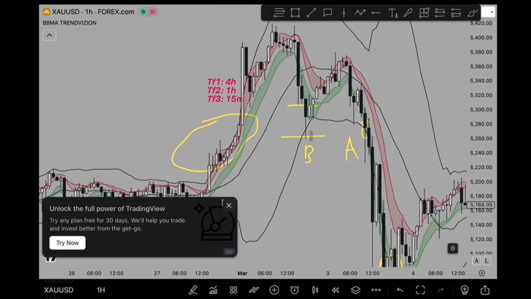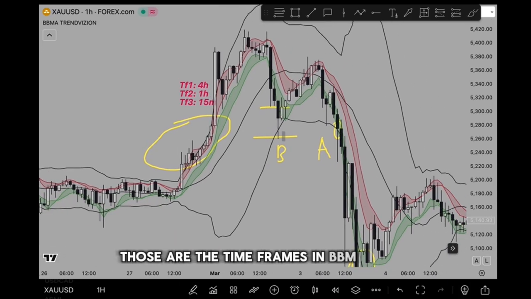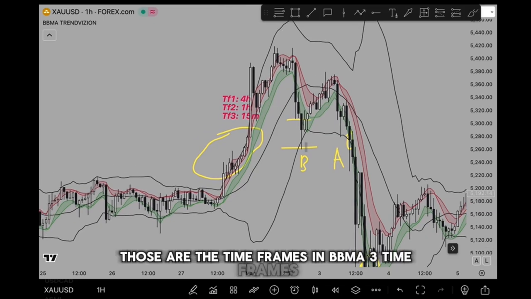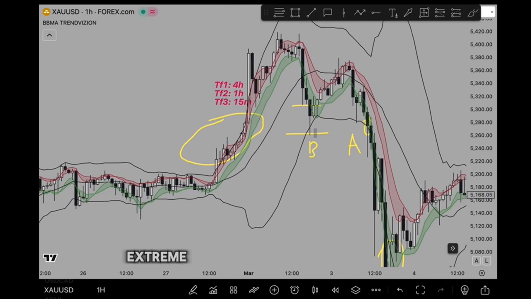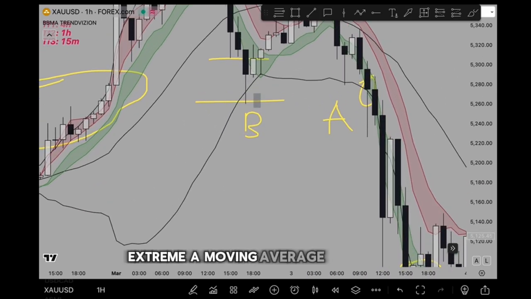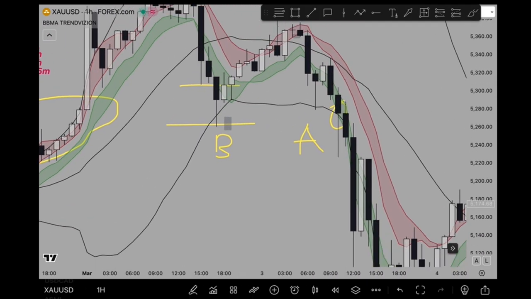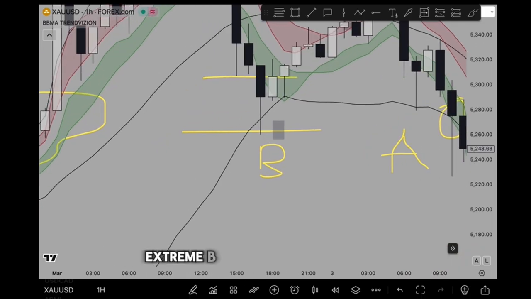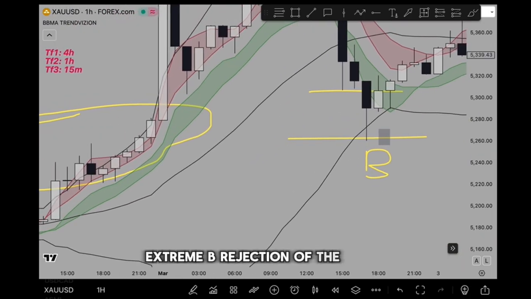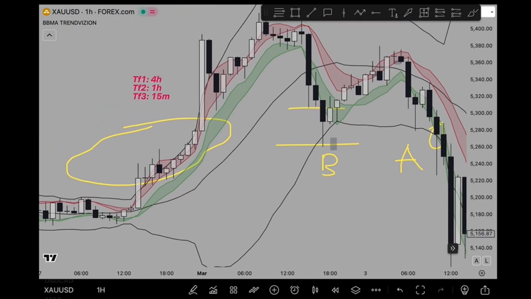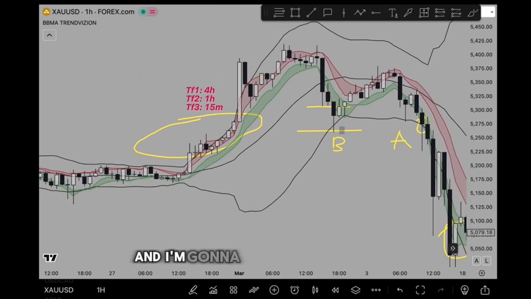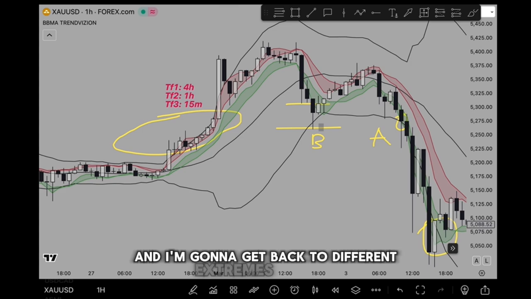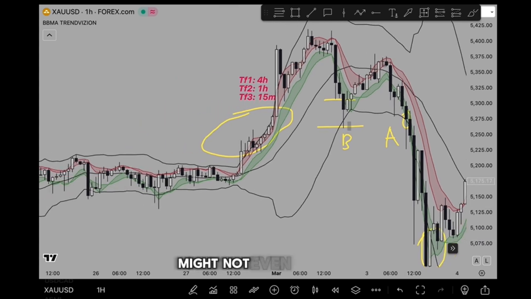So yeah, those are the time frames in BBMA. 3 time frames. And the extremes, of course. Extreme A, moving average out of the low Bollinger Band. Extreme B, rejection of the outer Bollinger Band. In this case, the lower one. And I'm gonna get back to different extremes later on, might not even be needed.